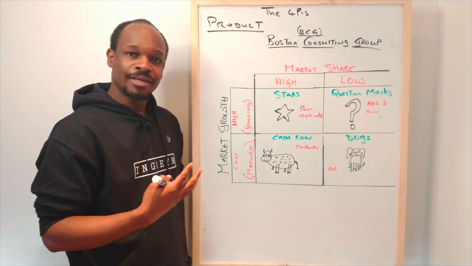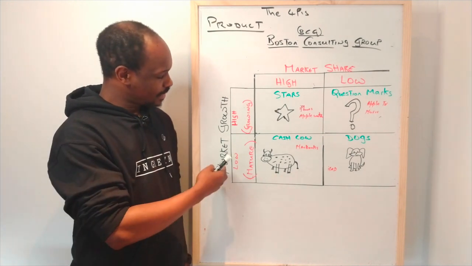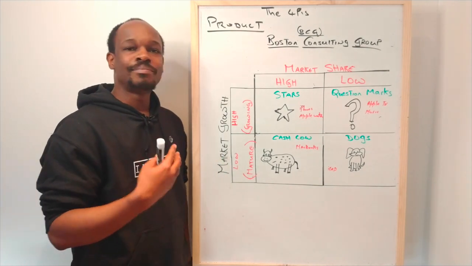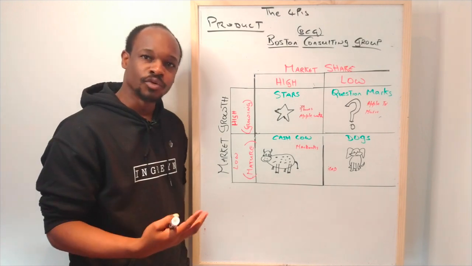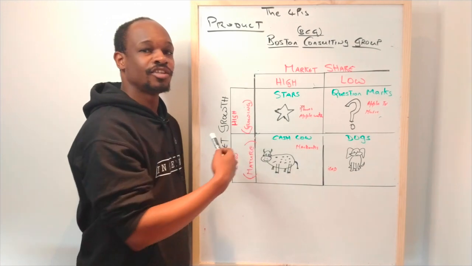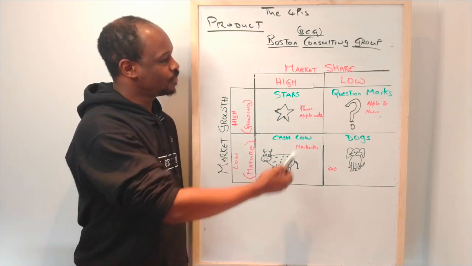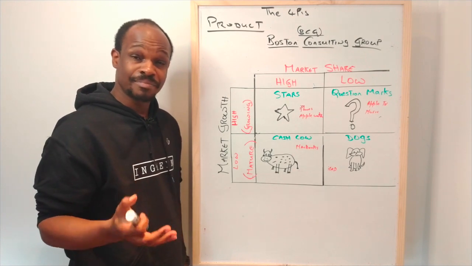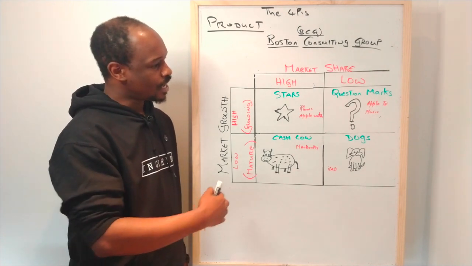In the BCG matrix, we're looking at the market growth, whether it's a market of high growth or low growth, and then we look at the relative market share, whether it's high or low. So with the BCG matrix, there are four quadrants.